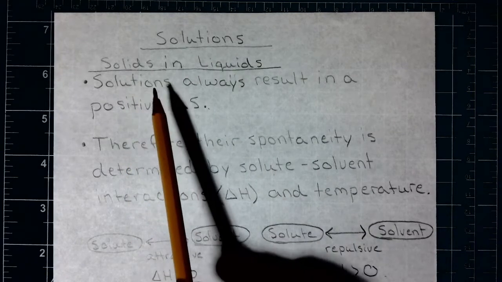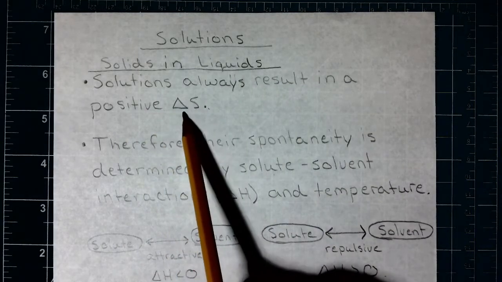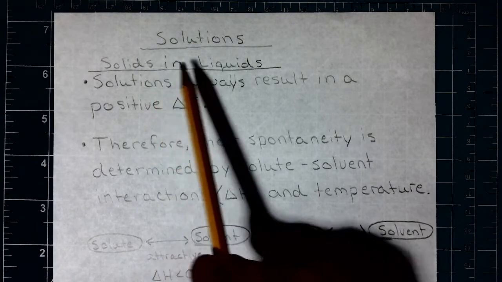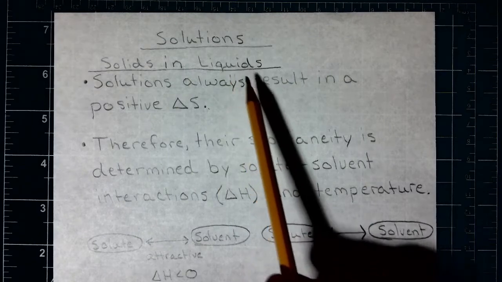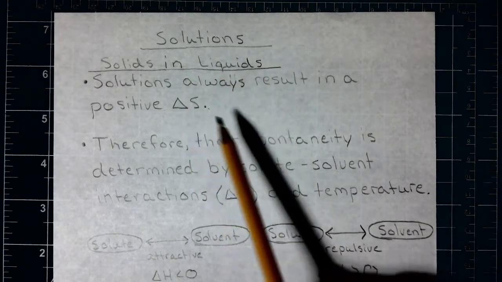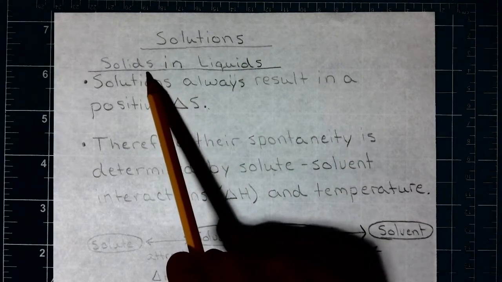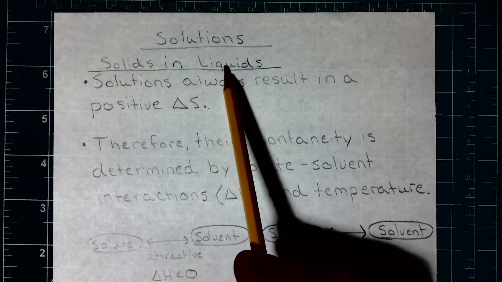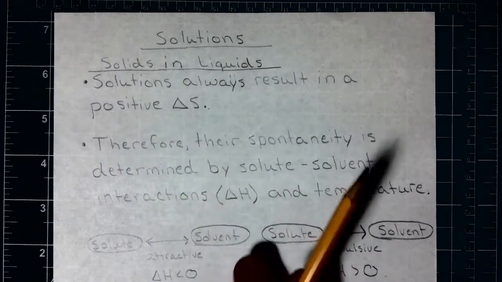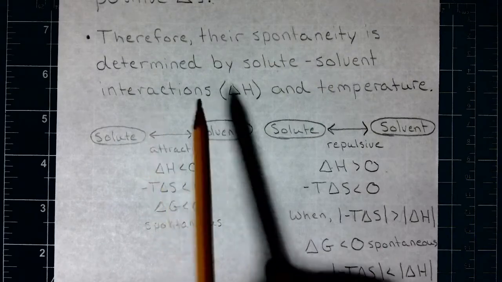In this case, forming solutions always results in a positive delta S, and that's because solids are very ordered systems, and once you put it into the liquid and allow it to spread out and interact less with one another, it creates a certain level of chaos, because those molecules when they were in the solid couldn't move around, but now that they're in the liquid, they're able to gain some mobility and move around within the bulk of the solvent.